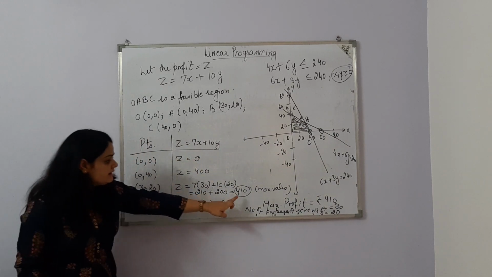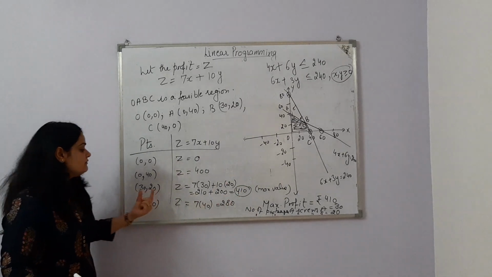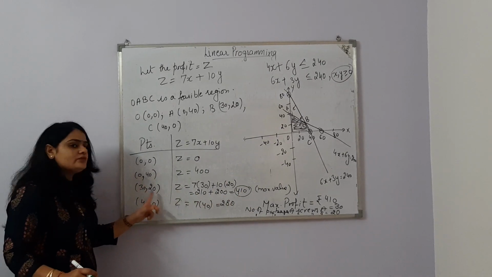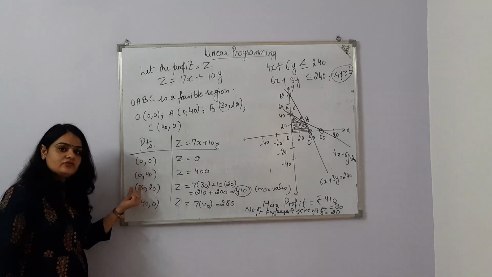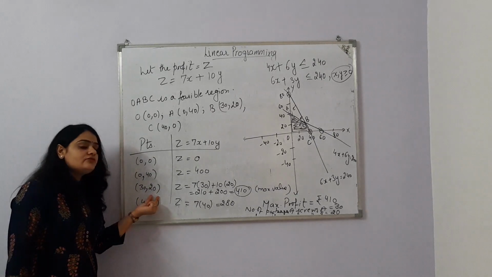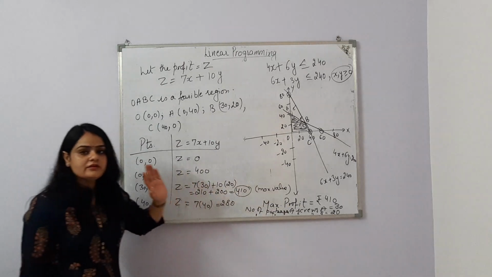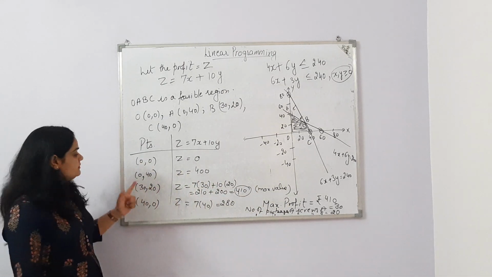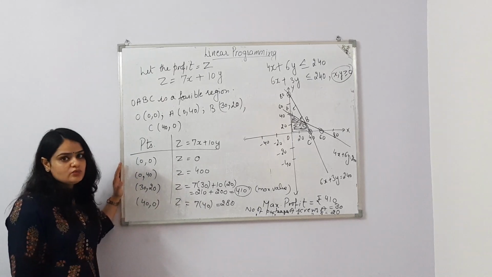Profit is 410, and how can we get 410? When x is 30 and y is 20. That means when packages of screw A are 30 and packages of screw B are 20, the manufacturer will get the maximum profit after selling these screws. Hope this question is clear to you. We'll do another question now.